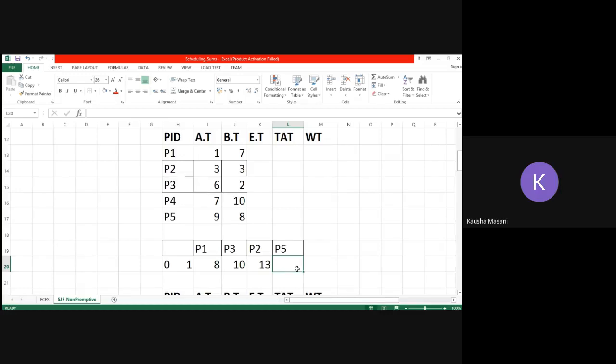So you can write here: P1 execution time 8, P2 execution time 13, P3 execution time 10, P4 execution time 31, P5 execution time 21.